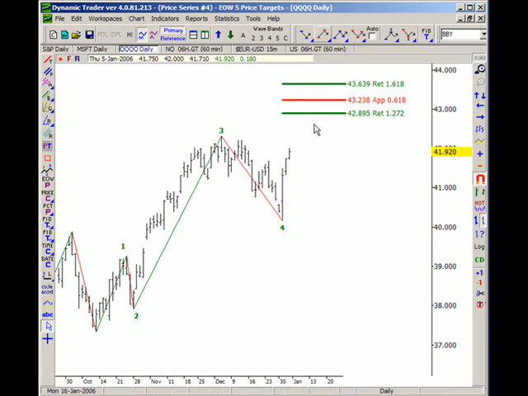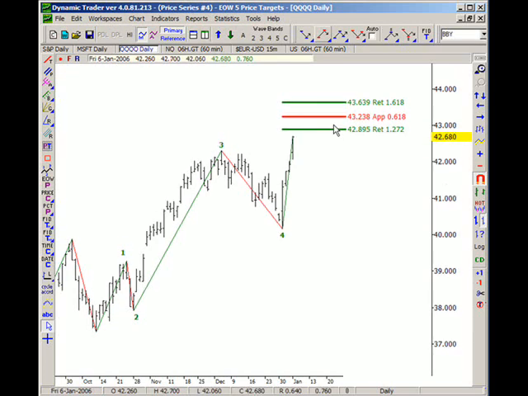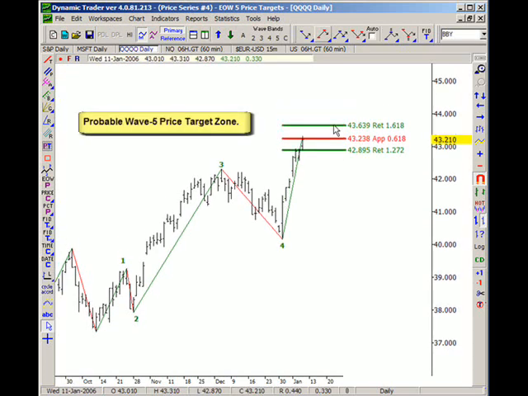If this market reaches that zone, more than likely it will be complete there. We don't know if it will or not. We don't know if it's going to make a 5-wave trend, but because they're so frequent, 5-wave trends, once the conditions for waves 1 through 4 are complete, we want to really be prepared if the market gets into that zone. So that was quick and simple to make that projection.